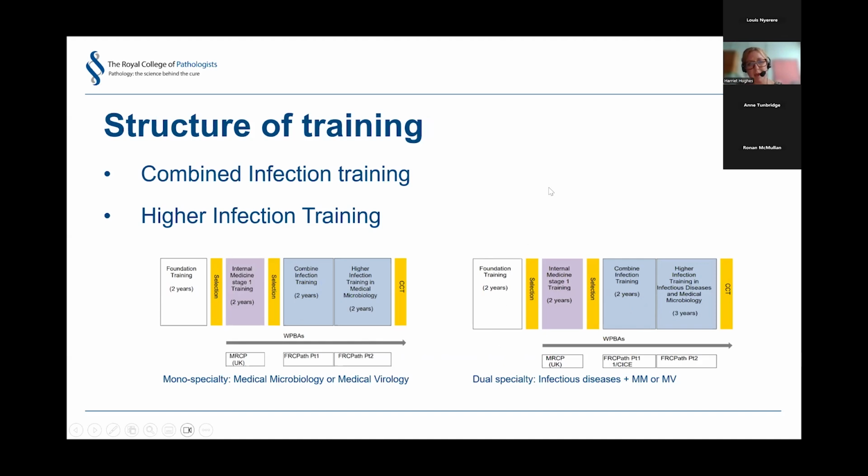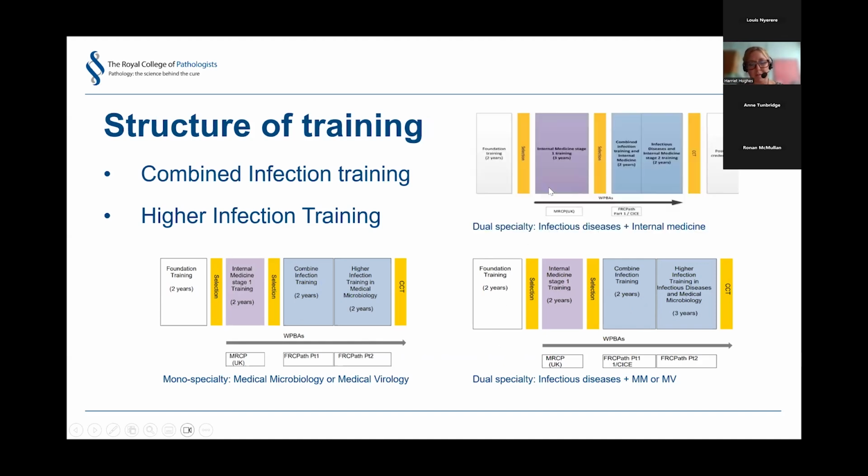And I know we're in a RCPath New Trainees Day, but for ID internal medicine trainees, they have their 3 years of IMT and then 2 years CIT, as for you guys, and then 2 years of higher training.